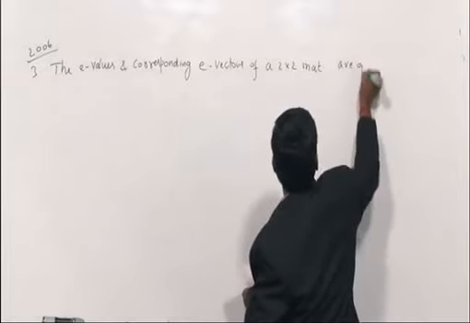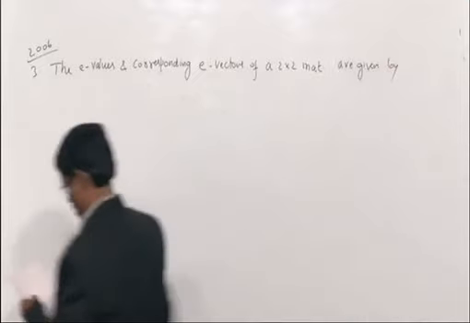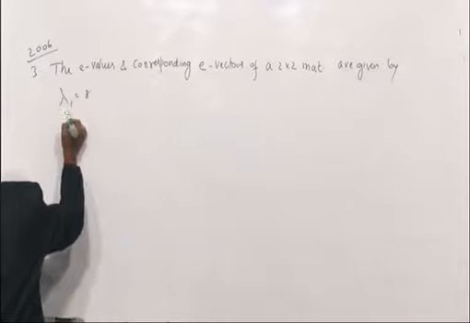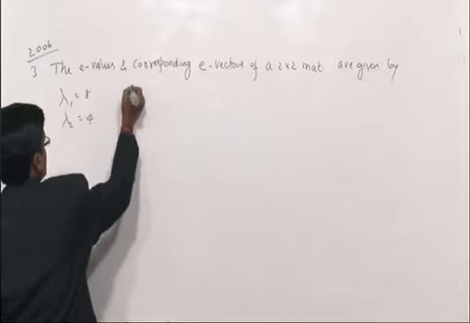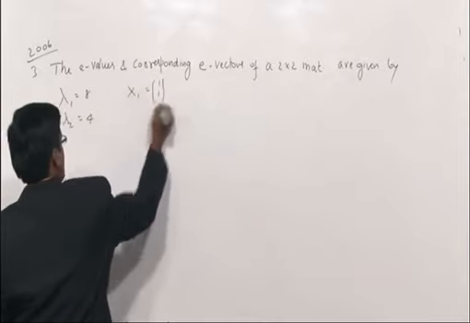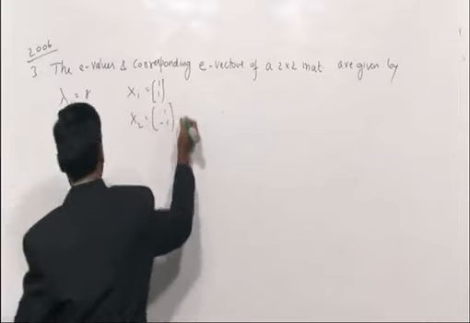The matrix is not given, because already eigenvalues and eigenvectors are given: lambda 1 is equal to 8, lambda 2 is equal to 4, x1 is equal to (1, 1), x2 is equal to (1, minus 1).